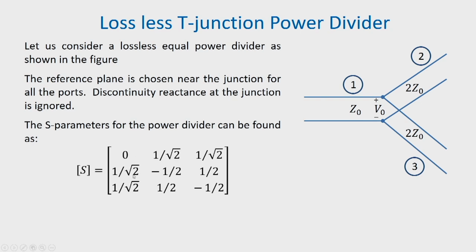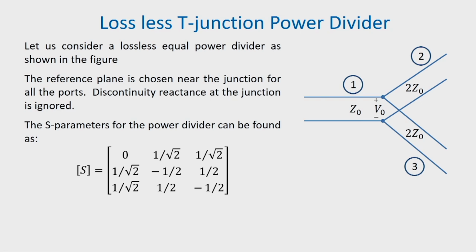If you take any column, half plus half, that means S21 square plus S31 square, this becomes 1. Similarly, S12 square becomes half, S22 square becomes 1/4, S32 square becomes 1/4. So, if we sum them up, we get 1.